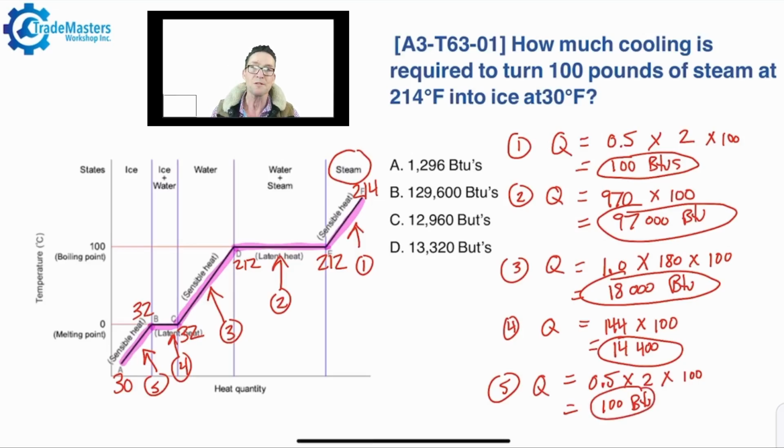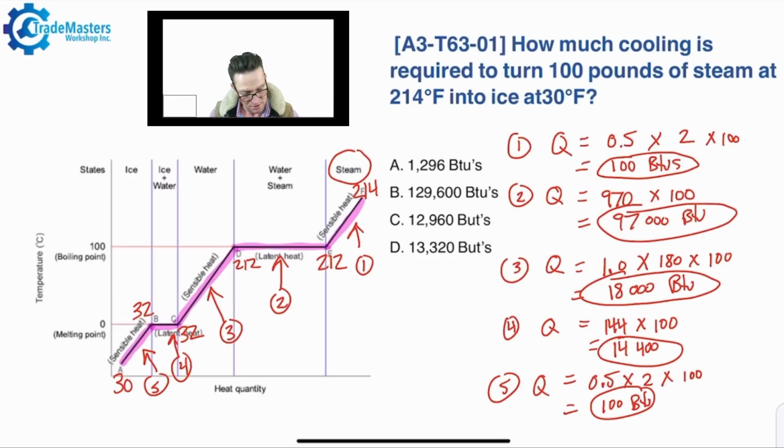So 1 plus 2 plus 3 plus 4 plus 5 should give us our correct answer, or at least very, very close. I'm going to add those up. I got 100 in step 1. I'm going to add to that 97,000 in step 2. I'm going to add to that 18,000 in step 3. I'm going to add to that 14,400 in step 4.